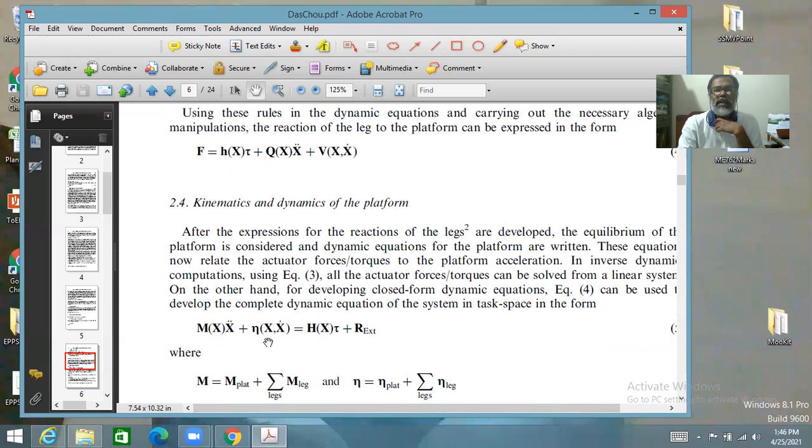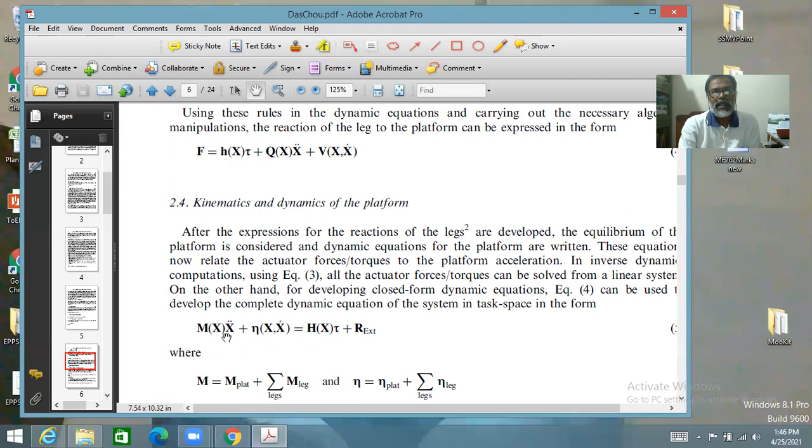Similarly, this is the vector of centripetal and Coriolis components, and that also will have similar parts. This is the mapped output of the actuator torques or actuator forces to the platform coordinate frame.